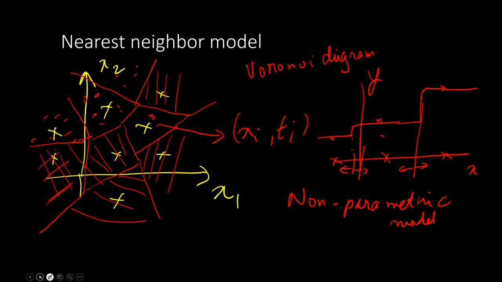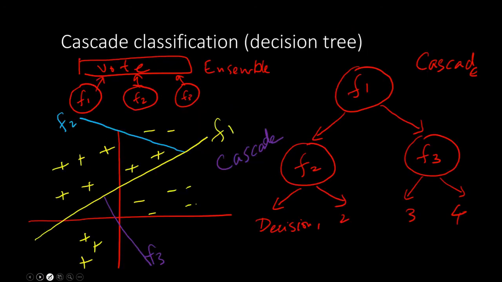Here, they are not cutting each other. Only if something falls on the top side of the yellow line of the F1 classifier, then we apply the F2 classifier. If it falls on the lower side of F1, then we apply the F3 classifier. Based on that, we may get better decisions in a cascade.